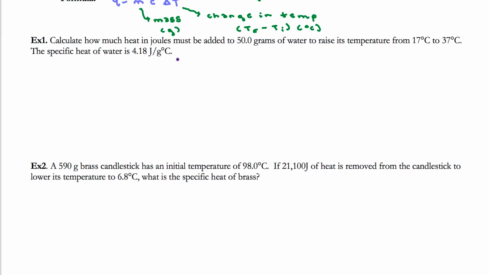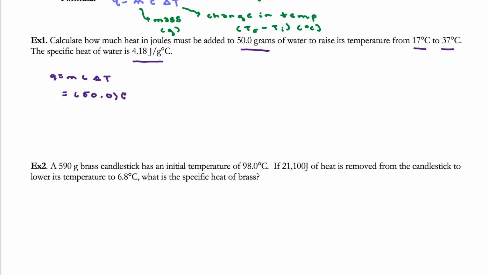So example 1 says, calculate how much heat in joules must be added to 50 grams of water to raise its temperature from 17 to 37 degrees Celsius. And it tells me my specific heat of water is 4.18. So I'm going to be using my formula, Q equals mc delta T. I know my mass is 50 grams.